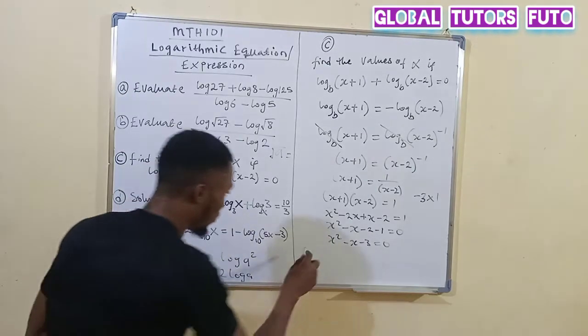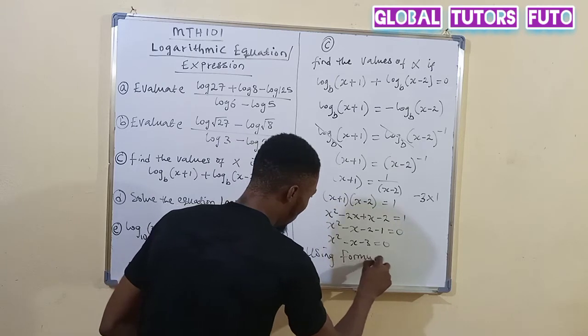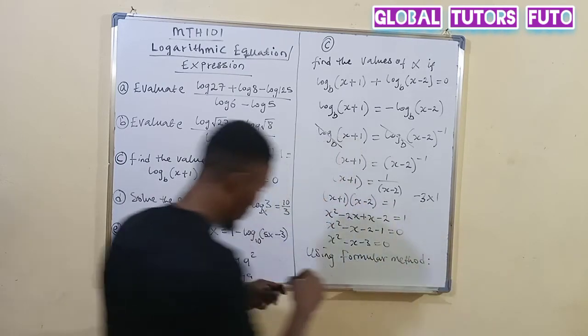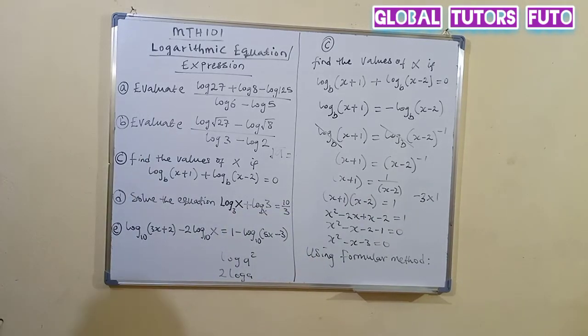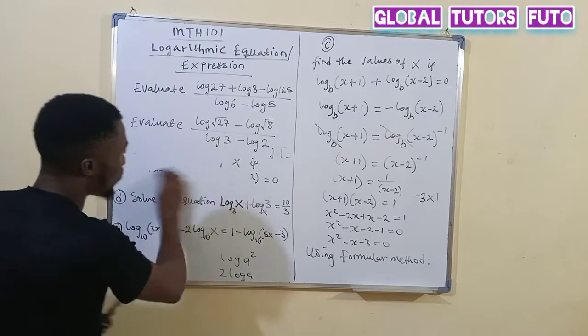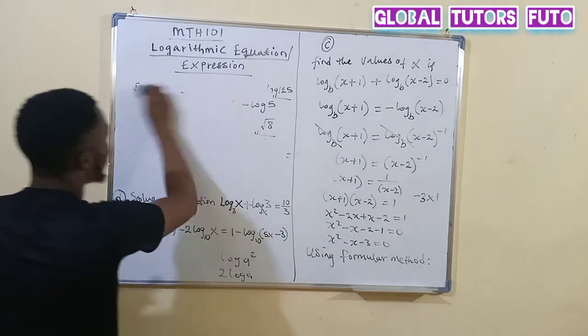So using the formula method, let me wipe off from A to C so that we will have some space here and finalize our work.